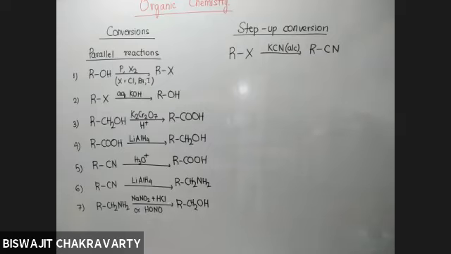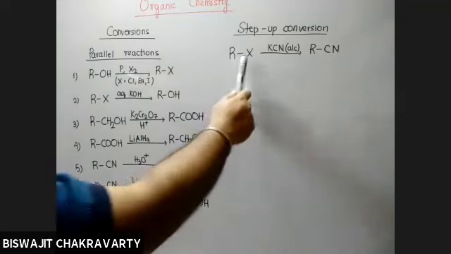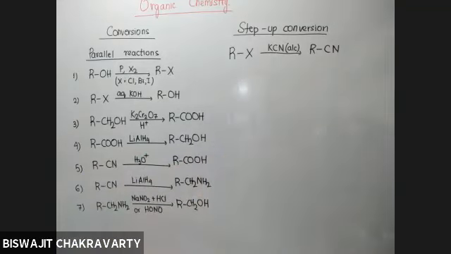Yes or no? Okay. So this is called a step-up conversion. And no matter whatever be the functional group given to you, your main aim should be to somehow convert the given compound to alkyl halide.